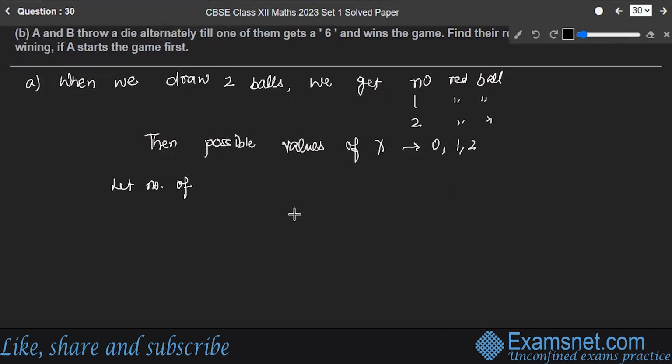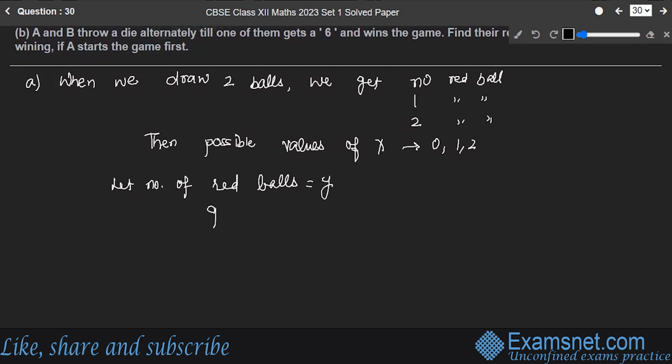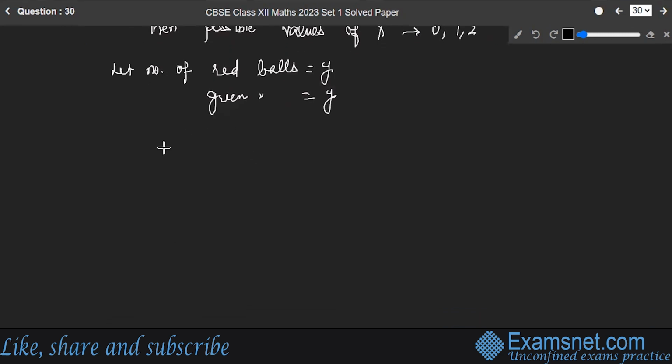So let the number of red balls be equal to y. So green balls are also equal to y. See, red and green, they were equal. It's given in the question. Total balls is equal to y plus y, that is equal to 2y.